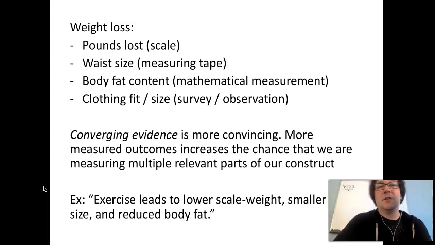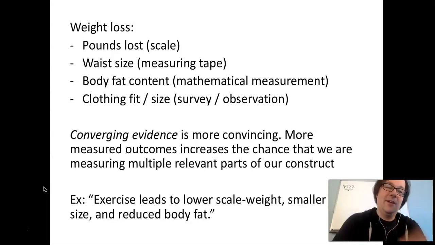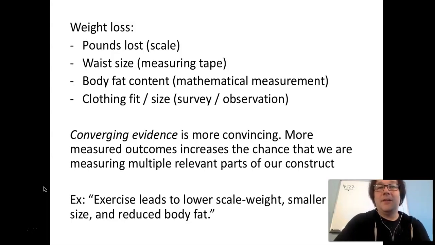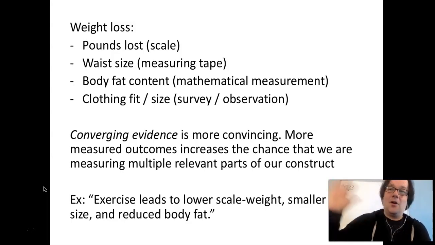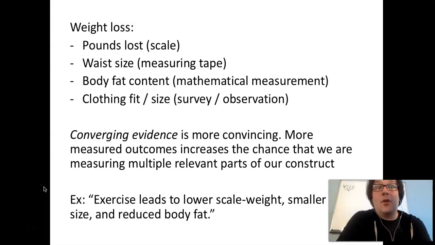And of course, when it comes to clothing fit and size, different manufacturers, we all know this, right? Go try to find a pair of jeans in your size. It really all depends on the brand. A 30 or a 32 waist is not going to be the same across all jean makers, for instance.